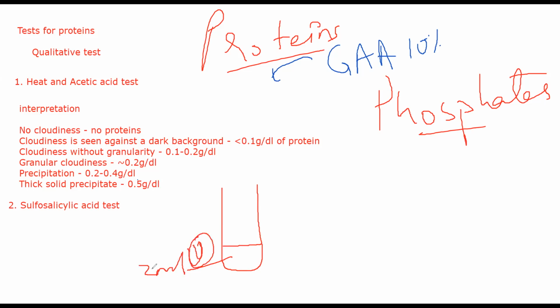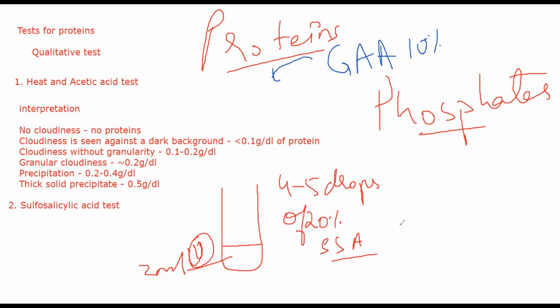To this urine you will add 4 to 5 drops of 20% sulfosalicylic acid. Once you add this, if turbidity appears and it persists if you heat it, okay, what are you doing? You are taking a small test tube and adding 2 ml of urine, making sure that the urine is already acidic.